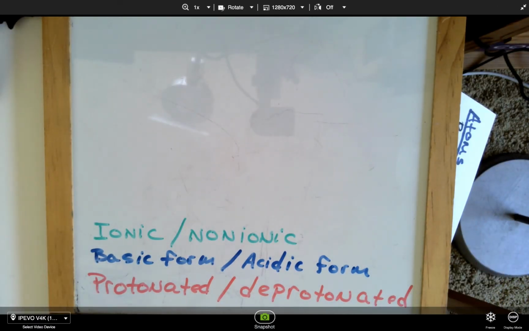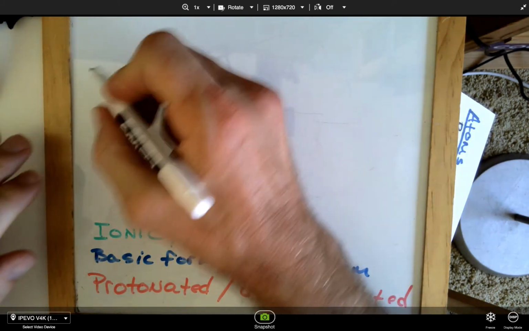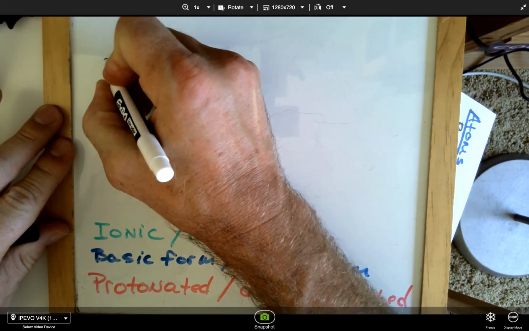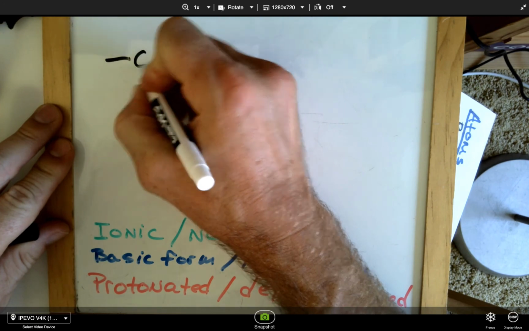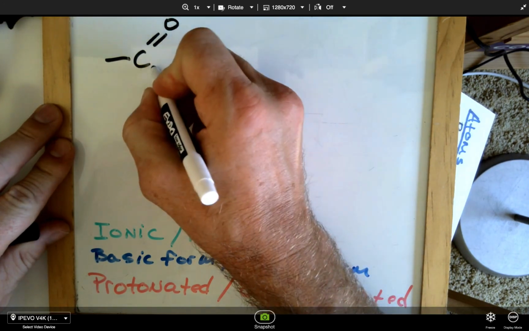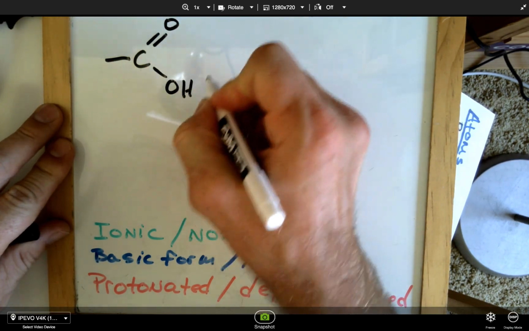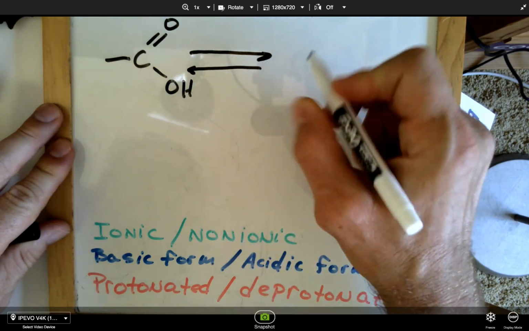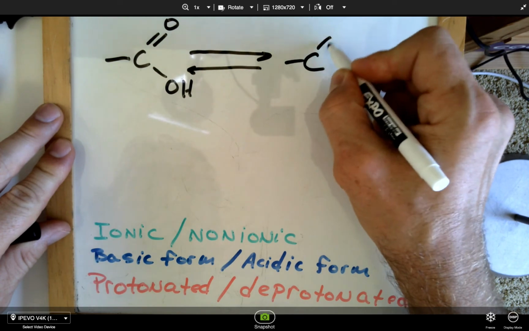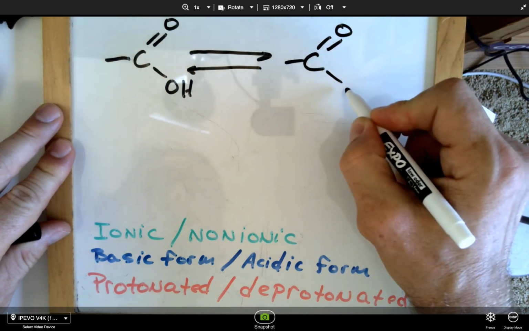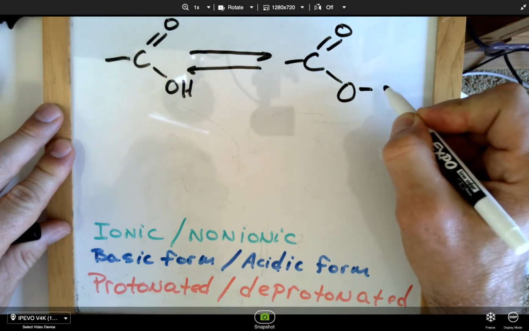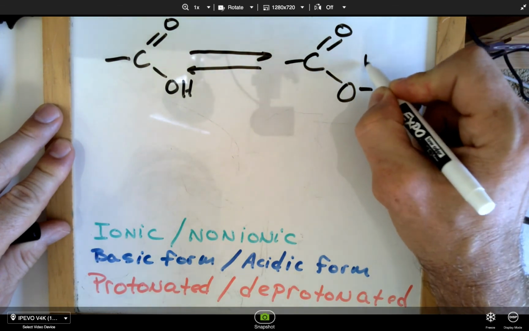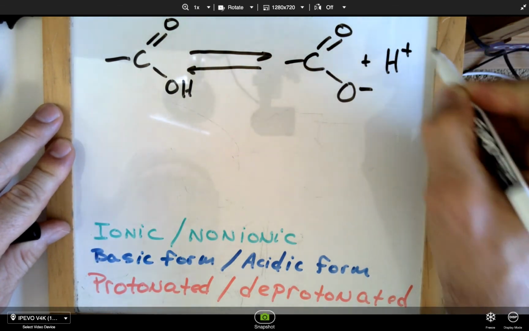Now, I want to go through something here. When we look at something like a carboxyl group, so let's go ahead and write that again. So here's our carboxyl group. There's our C double bonded to an O and then to an OH. And then when we put that into an aqueous solution, it reaches an equilibrium such that we have our carbon double bonded to oxygen and then our other oxygen minus, because we lost that proton, and then there is our proton.